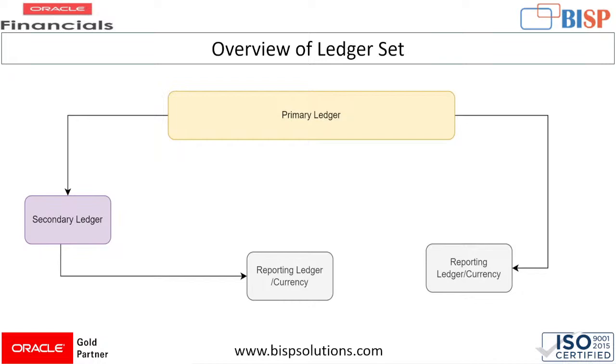So whenever any US journal is posted and accounted in the general ledger, it automatically creates a reporting ledger through the sub ledger. Through the reporting ledger, it transfers the transaction in INR immediately with a real time effect, right? So that is the purpose of reporting currency. We have created that.